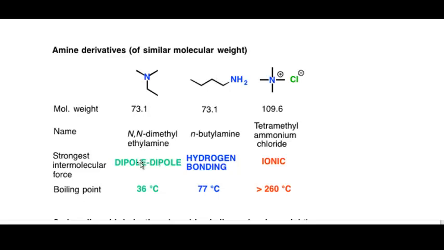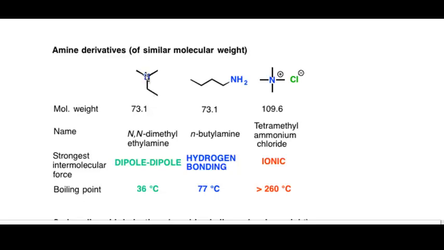This has a dipole-dipole interaction. It's just nitrogen with 3 CH3 groups. And here's a CH3. Remember that point, or that end, is carbon fully saturated with hydrogens. This end of carbon has hydrogens. This end and this end are carbons fully saturated with hydrogens.